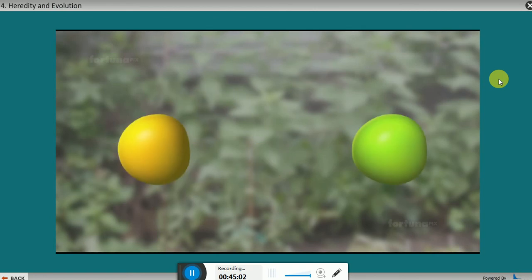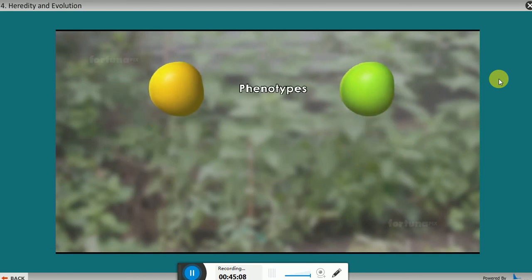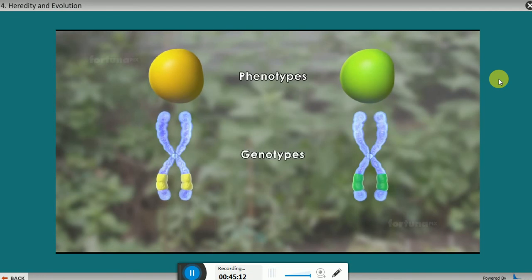Now, let's examine the inheritance mechanism of both phenotypes, which are the visible external characteristics, and genotypes, which is the cell's genetic makeup. Each trait is controlled by a pair of hereditary units we now refer to as genes, with one unit originating from each parent.